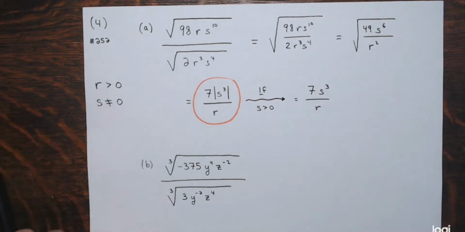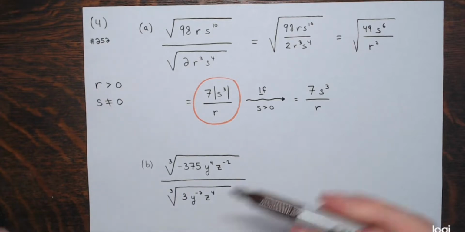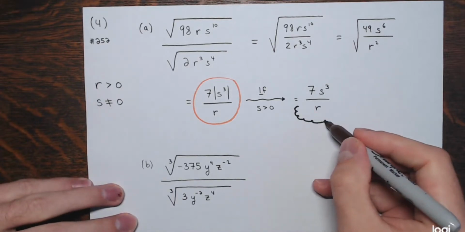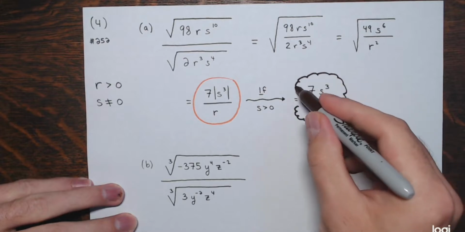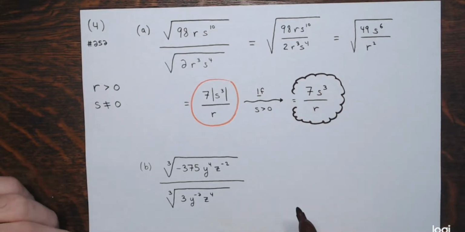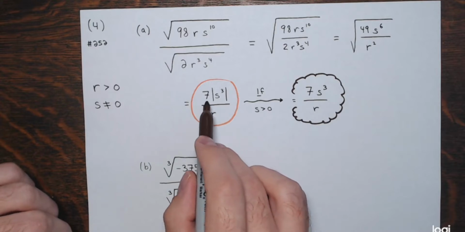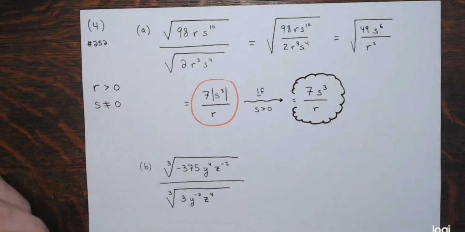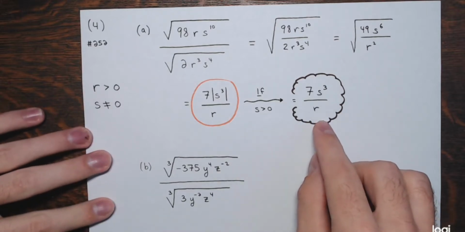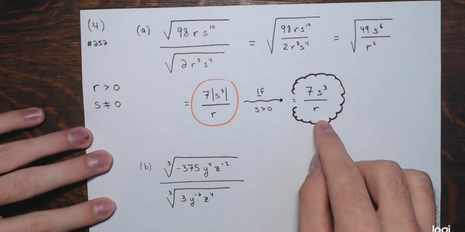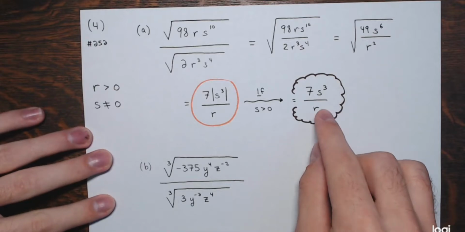So I mean, most instructors would take this. Not me though, alright? The true proper result would be 7 times the absolute value of s cubed divided by r. But just in case you have an instructor that doesn't mind ignoring the rules, this would be fine.